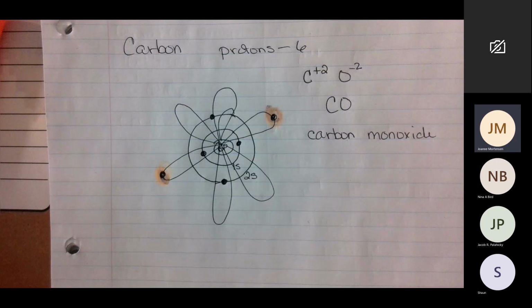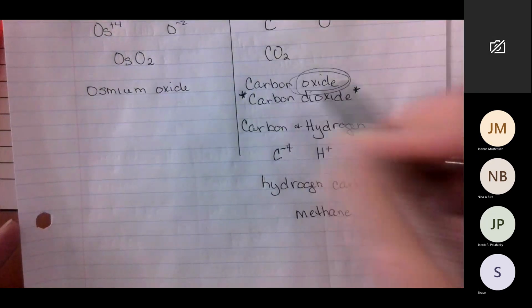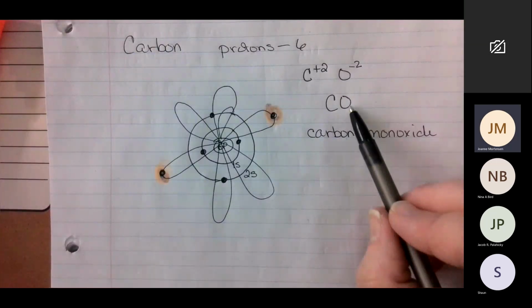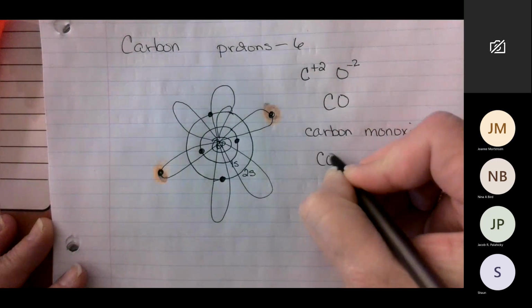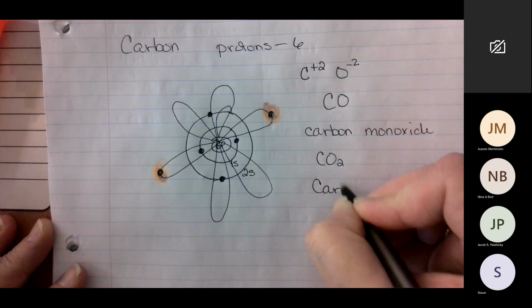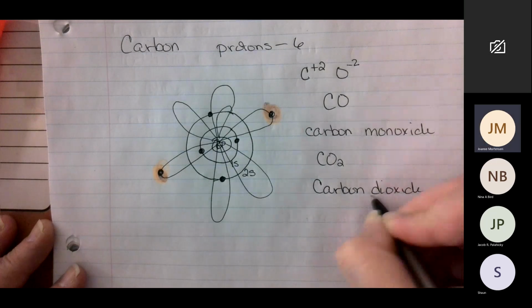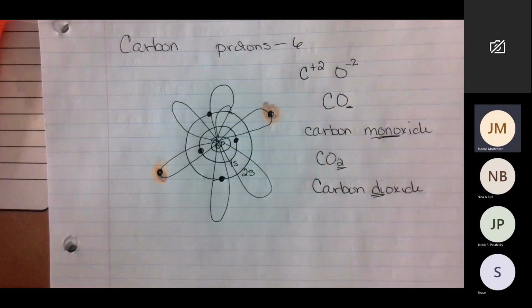And that's one of the reasons that it has a bit of a weird name and we don't just say carbon oxide, because if I just say oxide, I don't know if I'm talking about this one, CO2, or this one, CO. So the di and the 2, and the mono and the understood 1.